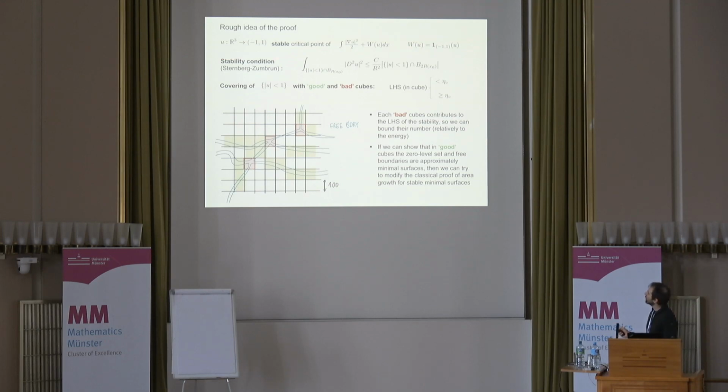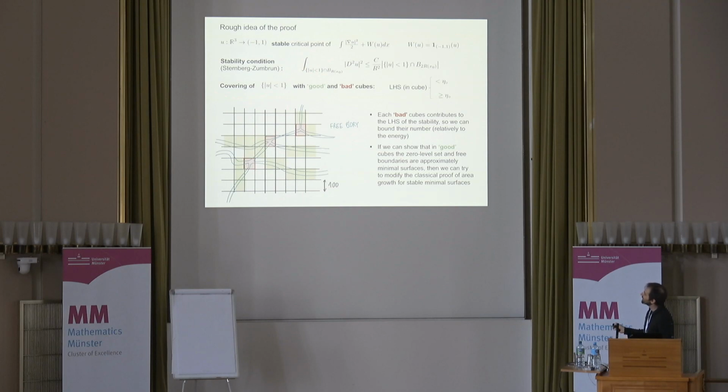This is the Sternberg-Zumbrun condition, which in this case is like this: the integral in the region, remember, for epsilon, the region where the absolute value of u is less than 1 is the tiny region between the two free boundaries. For the rest, the solution is just +1 and -1.